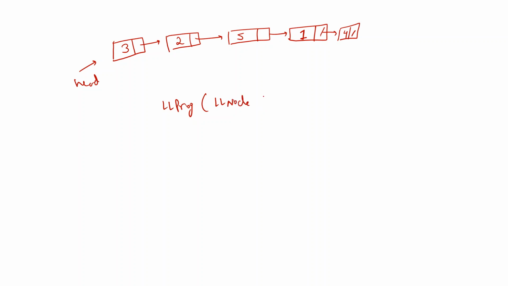Your program is given some node, some reference. You are not returning anything. So assume you are not returning anything. So you are given a reference to this particular node, for example. This is what is given to you, and you want to delete this node itself. So how do you delete this node?